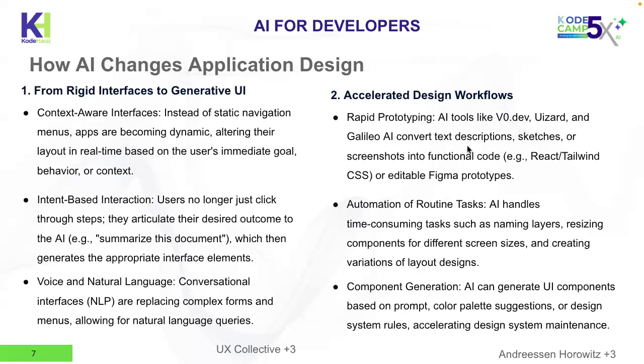Basically, you prompt with text descriptions, you upload your wireframe sketches that you even sketch on paper, right? Or even screenshots. And they can convert these things into code or Figma prototypes that you can then further improve and fine tune. So we already have this, right?